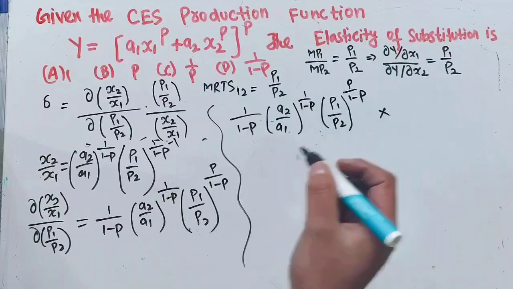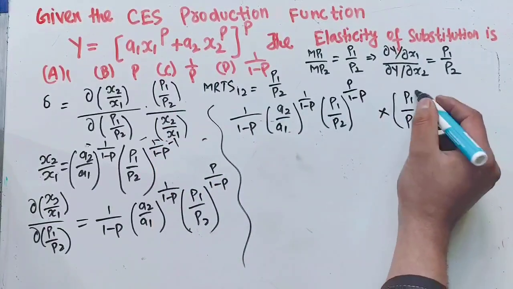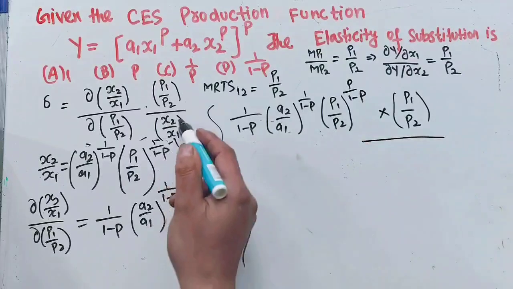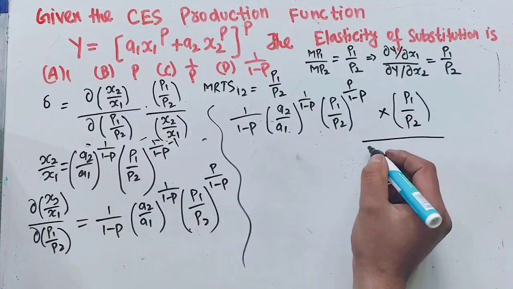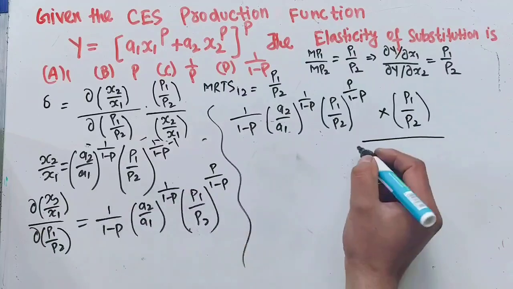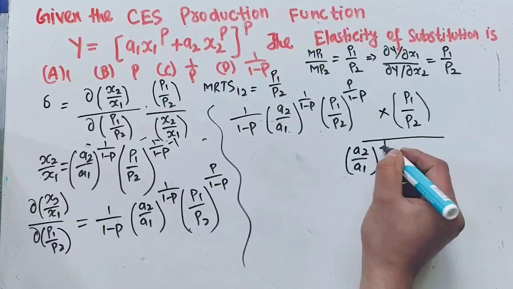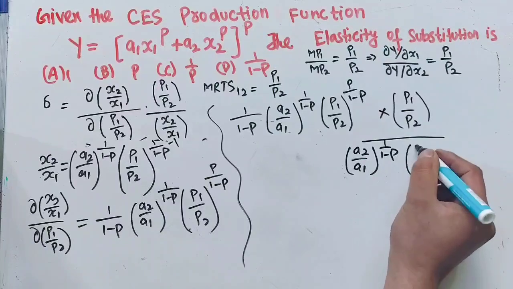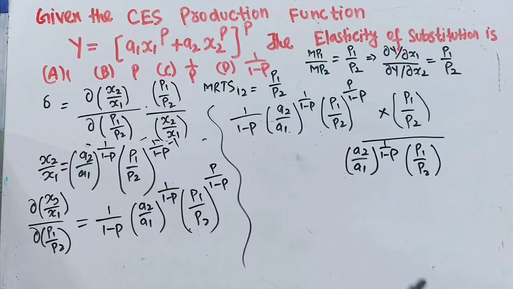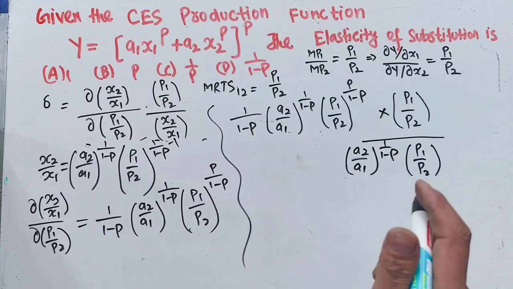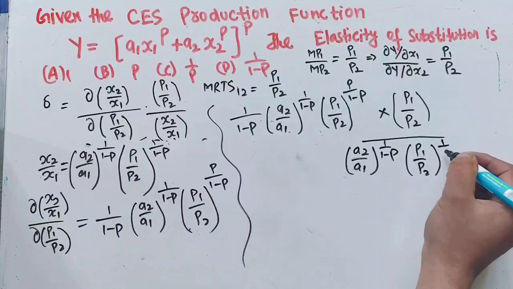To this we multiply p1 upon p2, and we divide by x2 upon x1. x2 upon x1 is this term, so let's write it again. So we have (a2 divided by a1) whole raised power 1 divided by 1 minus p times (p1 upon p2) raised power 1 divided by 1 minus p.